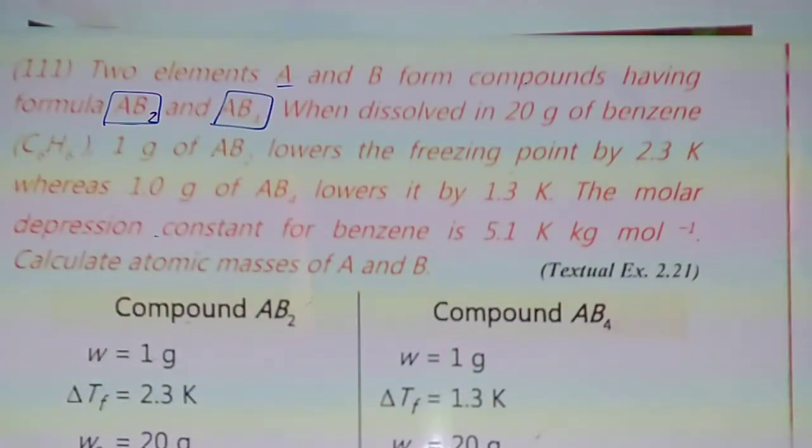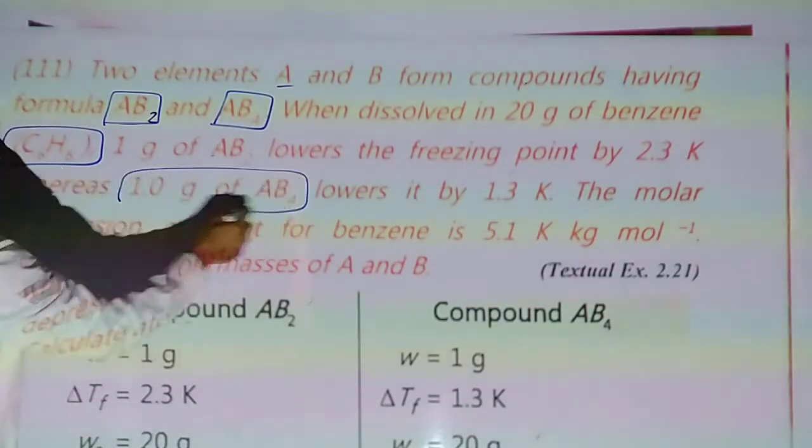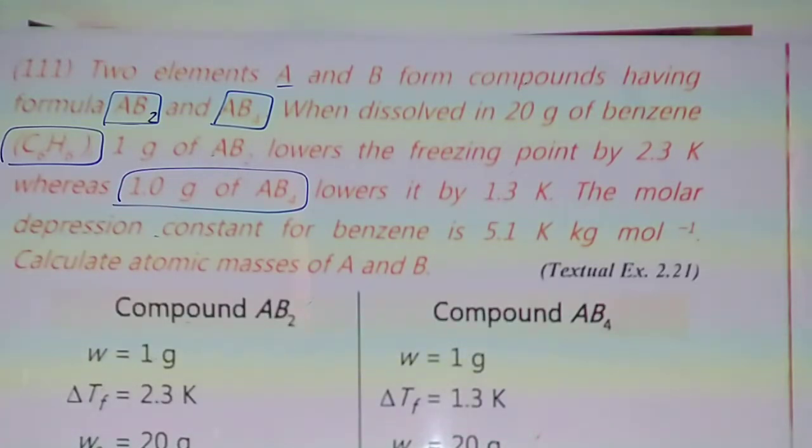When dissolved in 20 gram of benzene, C6H6, 1 gram of AB2 lowers the freezing point by 2.3 Kelvin, whereas 1 gram of AB4 lowers it by 1.3 Kelvin. The molar depression constant for benzene is 5.1. Calculate the atomic masses of A and B.